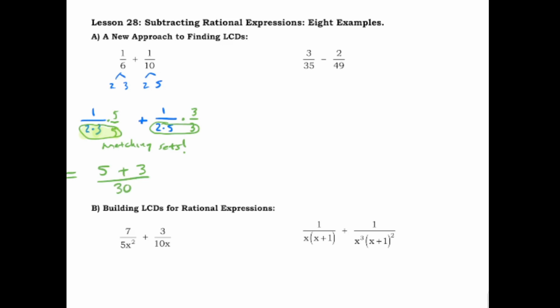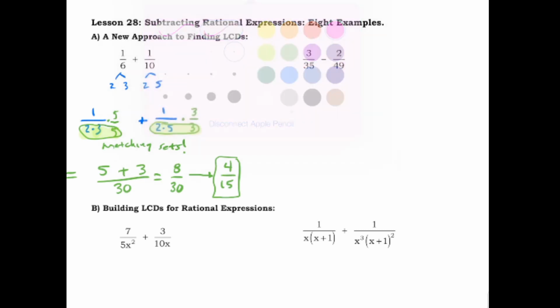Notice, of course, you get the same thing over here because they're matching sets. 2 times 5 is 10. 10 times 3 is 30. Yeah, you get the same thing either way. So it's 5 plus 3 over the common denominator of 30. So that's 8 over 30. And yeah, we should still reduce, right? You can cancel 2's if nothing else. Call this a 4/15.